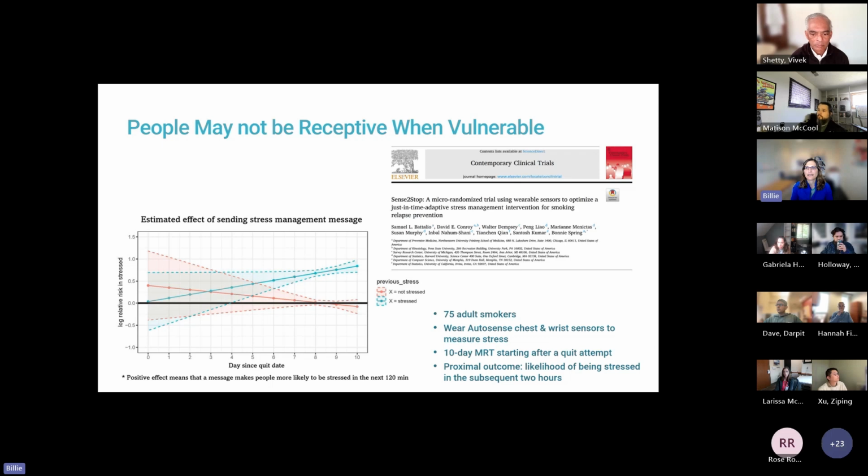And this study is a micro-randomized trial that was designed to figure out when is a good time to deliver a prompt to encourage smokers attempting to quit to engage in a self-regulation activity on the phone. Think about a brief mindfulness-based intervention. Is it better to prompt them to encourage them to do that when they're stressed or when they are not stressed?